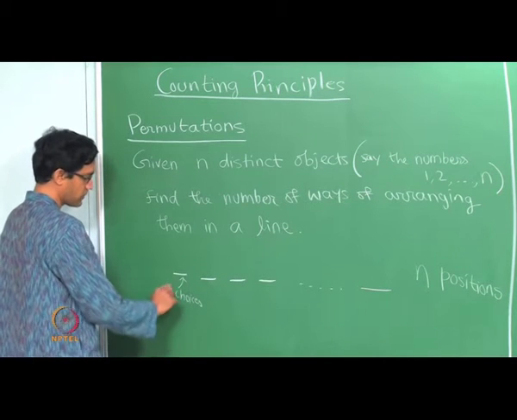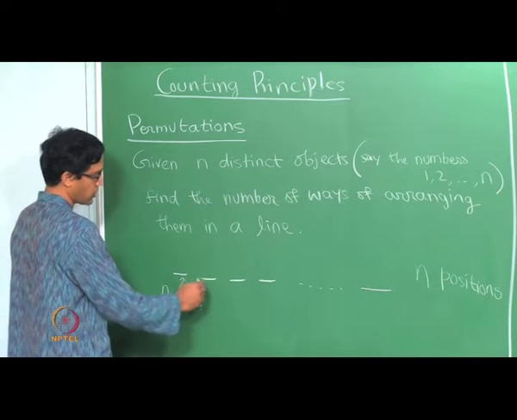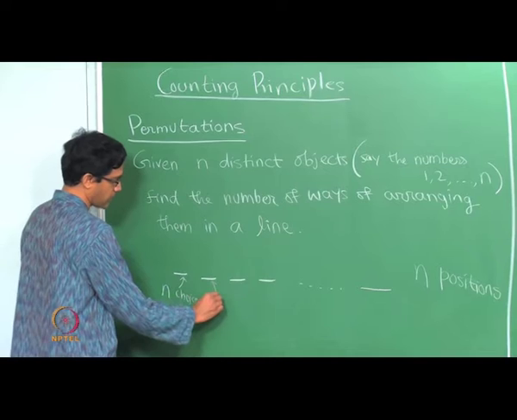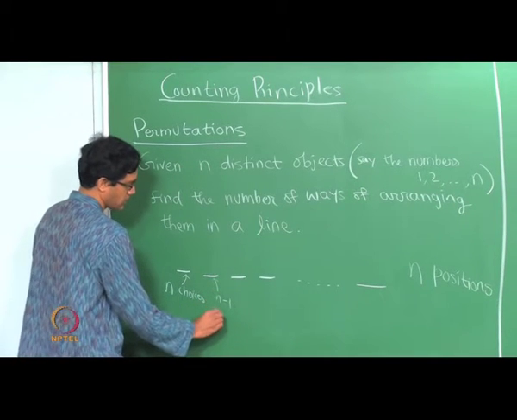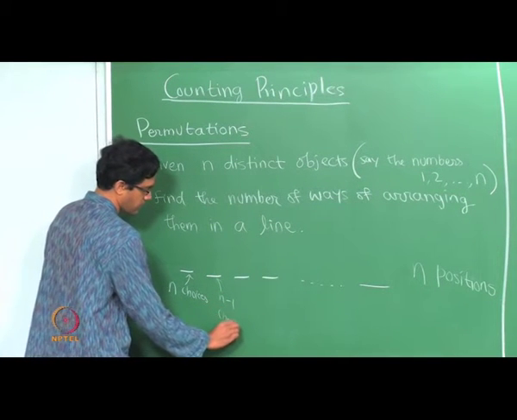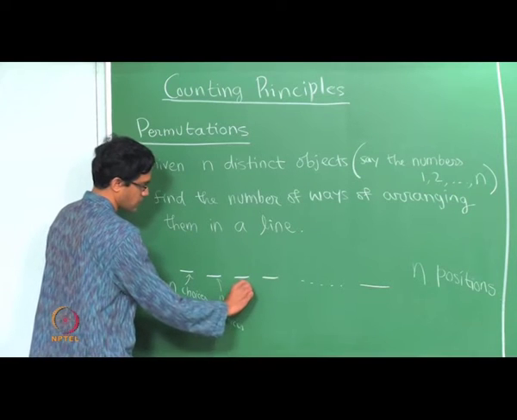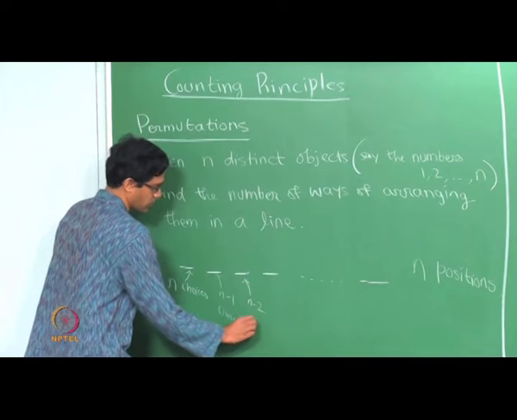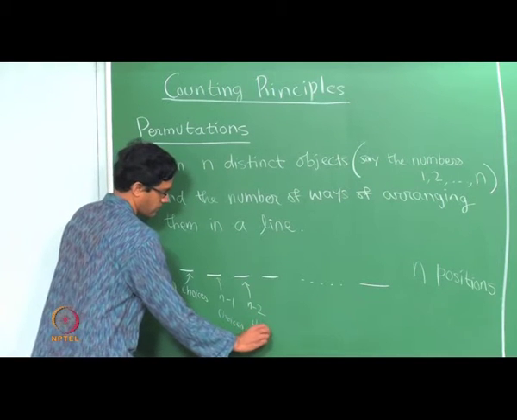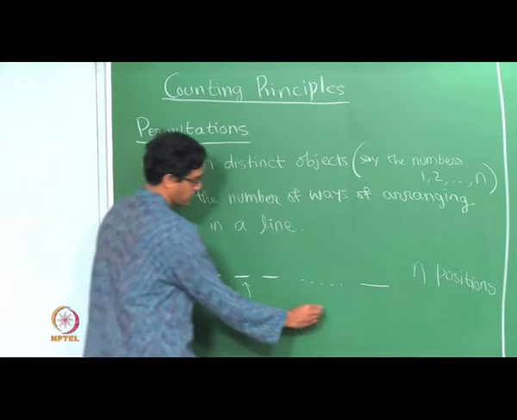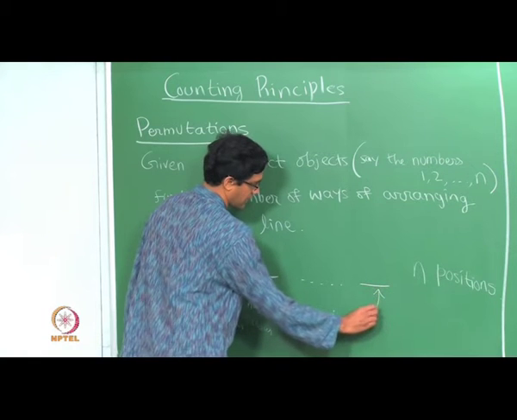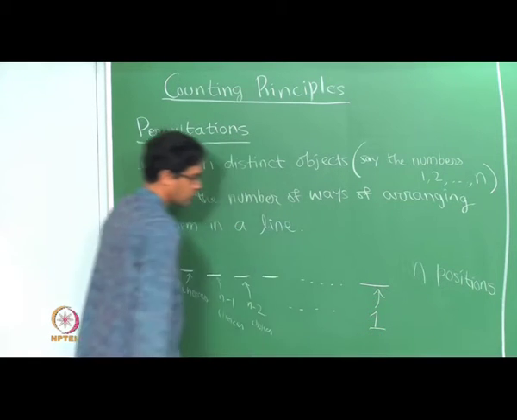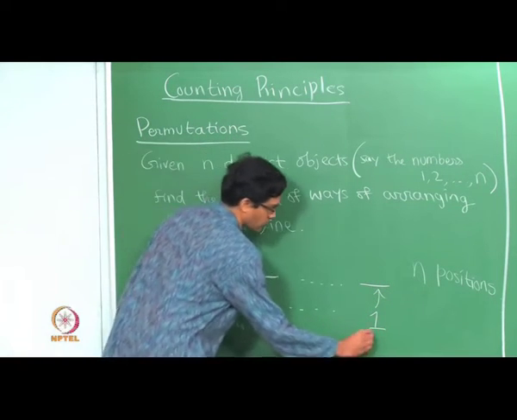Now having filled the first position, if you consider the second one, there are n minus 1 remaining choices. With the first two filled, there are n minus 2 remaining choices for the third position, and so on, till when you finally get to the very last position, you are more or less forced to pick the object that is left. So there is only one choice remaining.